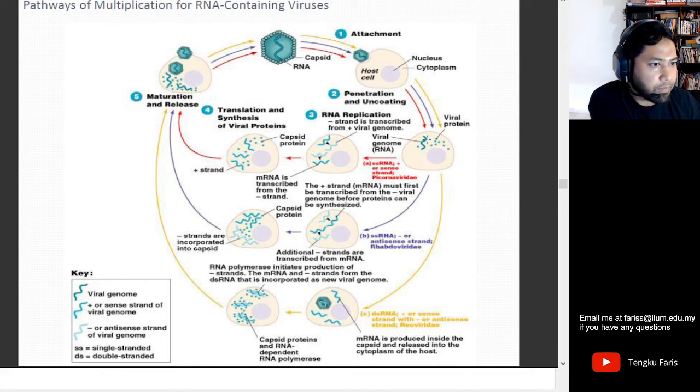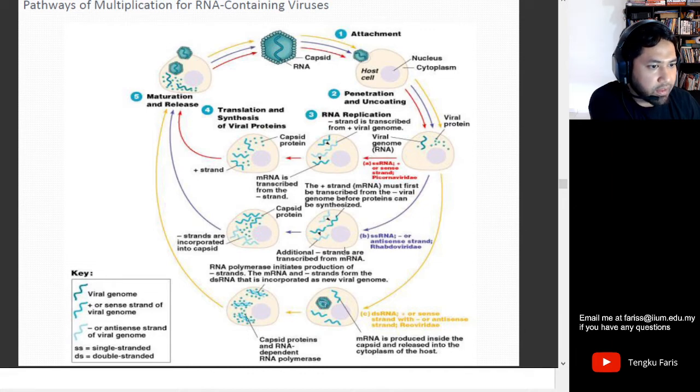If it's already positive, it can be directly translated into the proteins that make the virus. This can include the capsid and some other proteins. After that, it can be matured and released out into the environment.